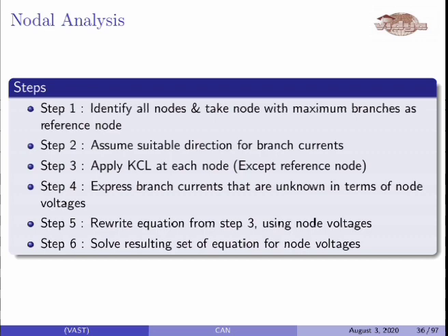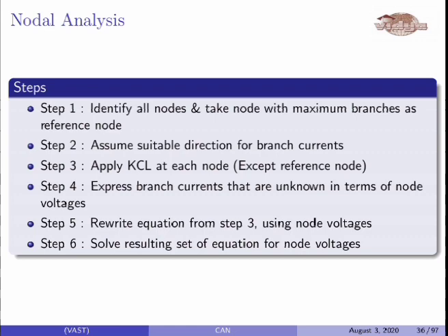Actually, it is known as a principal node of the circuit. So you have to identify such nodes, that is principal nodes. And the node with maximum branches is taken as the reference node and its voltage is assumed as 0 volt. That is the first step.